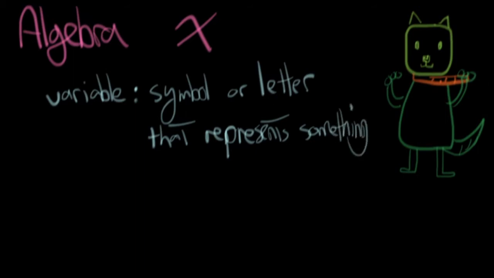Not very mathy. Now the most famous ones, of course, are X. And the most famous symbol, of course, is pi. So those are the variables that we're talking about.